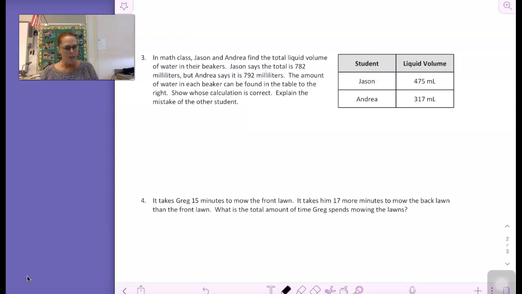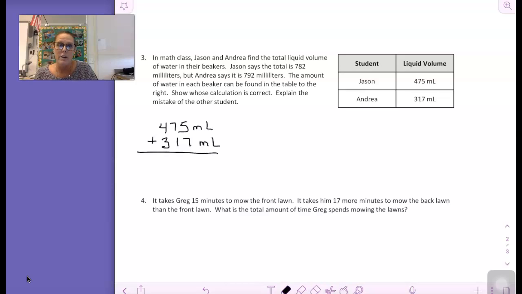So we're going to go ahead. If we want to know the total amount of volume, we need to add the liquid amounts together. So we're going to add 475 milliliters plus 317 milliliters.